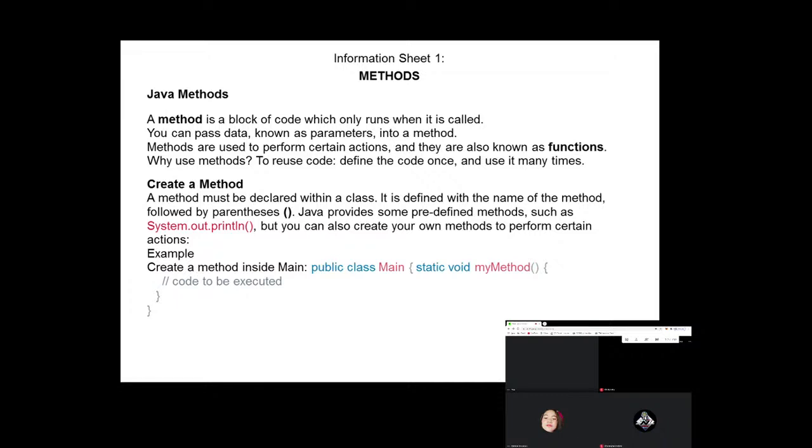Why do we use methods? Because we want to reuse code: define the code once, and use it many times. If you have a set of code, you group it in a block, write it once, and then call or use it many times.